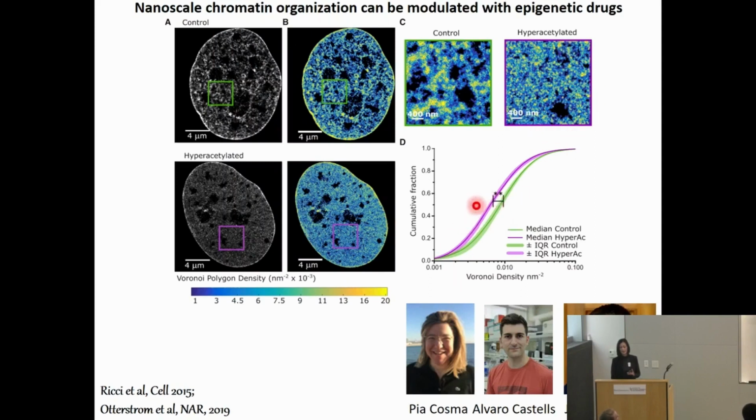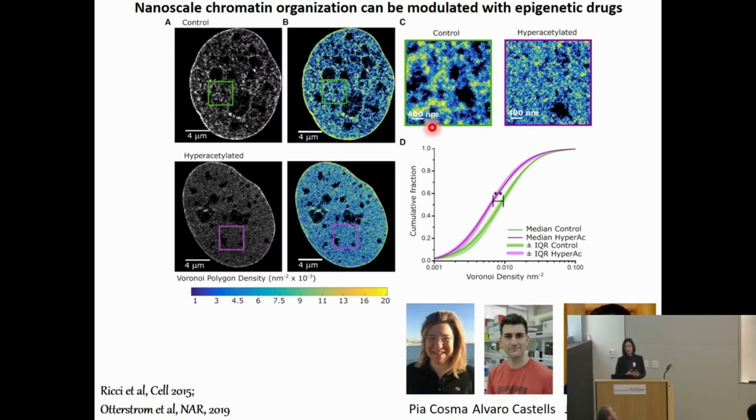Overall, chromatin density decreases, as we would expect. And you also see some loss of that peripheral heterochromatin. So there is a spatial remodeling of chromatin that we can capture using this microscopy. And in particular, we showed that the size of those nucleosome clutches decreases and they become less compacted.